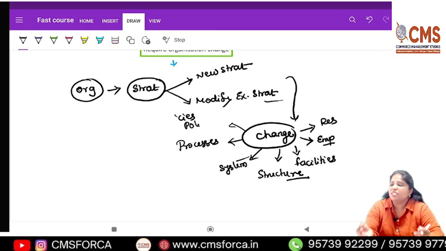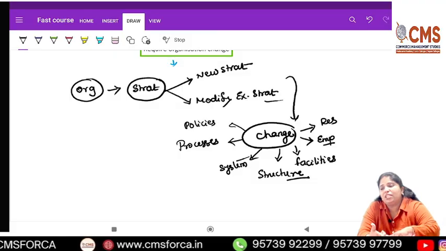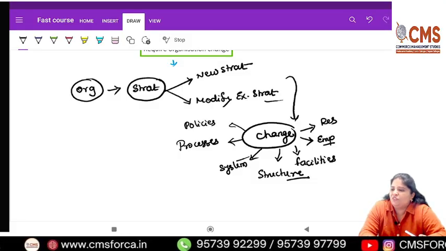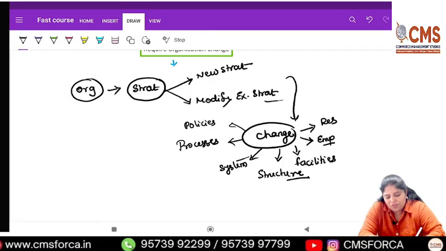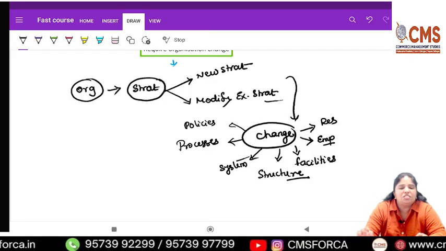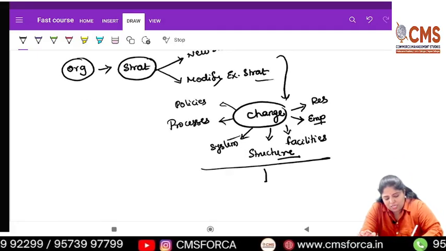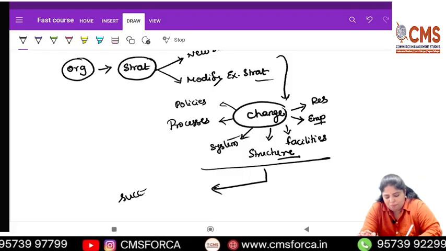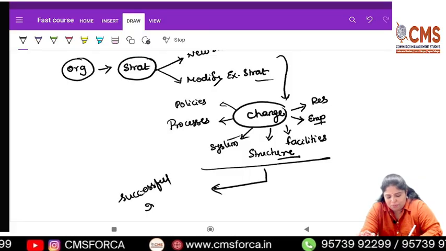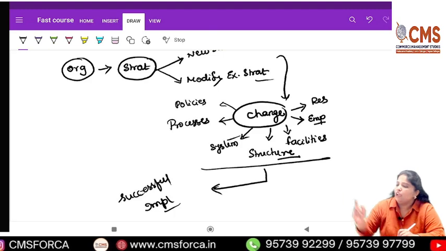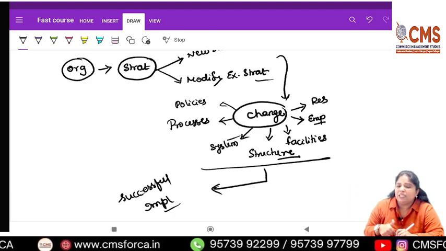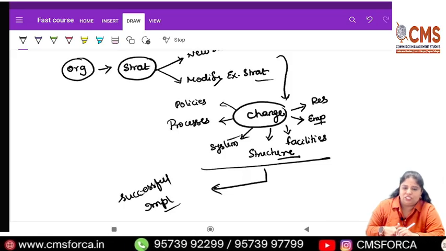So when an organization tries to formulate a new strategy, or even if they are modifying an existing strategy, we are stressing one point: change is a must. And this change supports successful implementation. So we can say formulation is impacting implementation.